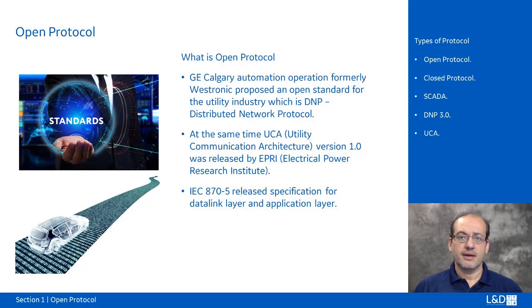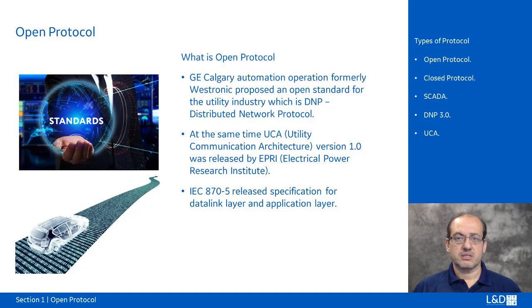Version 3, sometimes referred to as DNP3, between the years 1992 to 1994, started to materialize and get released. During the same time, there were other efforts to develop other open or shared protocols.